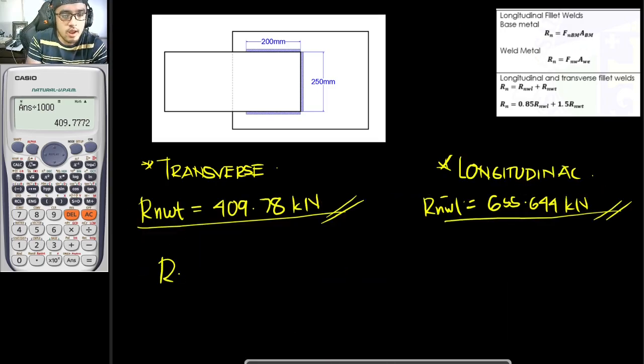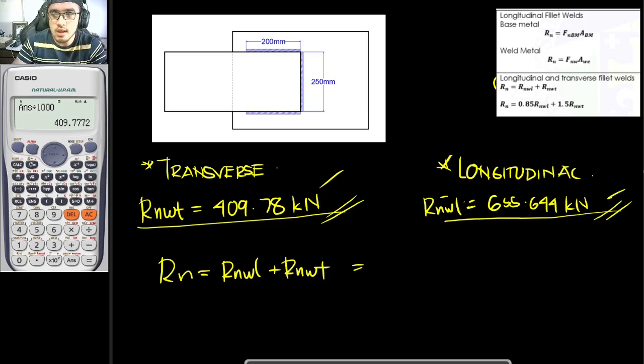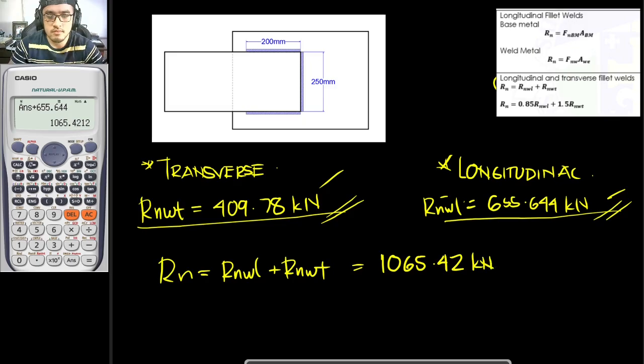So for our Rn, using this equation right here, this is equal to RNWL plus RNWT. Adding both of these values would give us 655.644 plus 409.78, and our answer is 1065.42 kilonewtons.